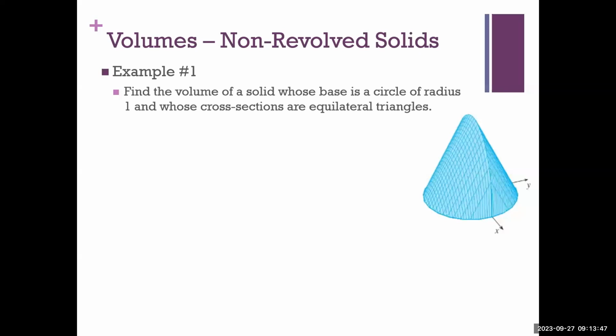The base of it is a unit circle, essentially. It's a circle centered at the origin, radius 1. But if I were to cut perpendicular to the height of this thing, we would get equilateral triangles. So let me just draw one of those.